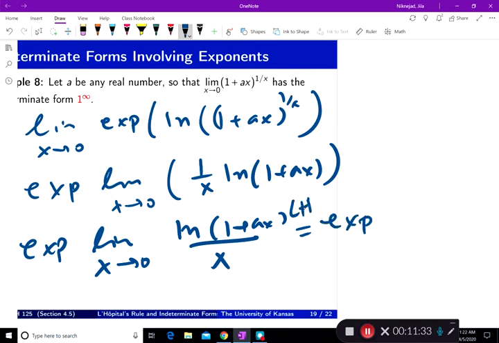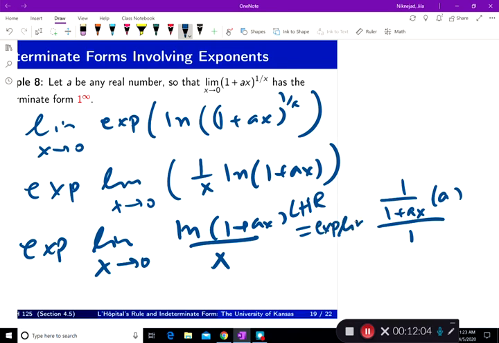Then I do L'Hopital rule and exponential of L'Hopital rule. This log becomes 1 over 1 plus ax times derivative of inside, which is a. Derivative of bottom is 1. And I forgot the limits, and never forget the limits, because otherwise this entire thing becomes untrue.